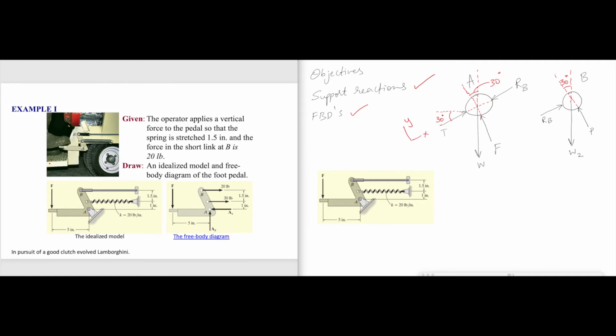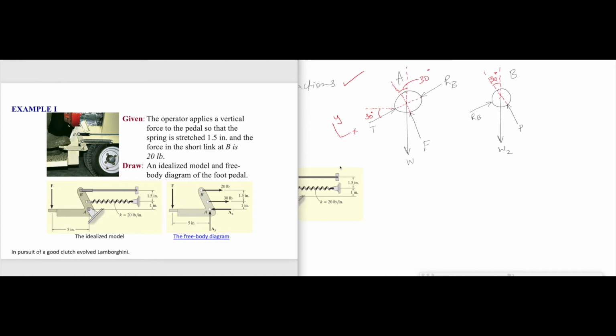So I have taken the system, and I'm assuming the force applied by our foot on the pedal to be some F. I have the free body diagram. I have the equivalent system here.